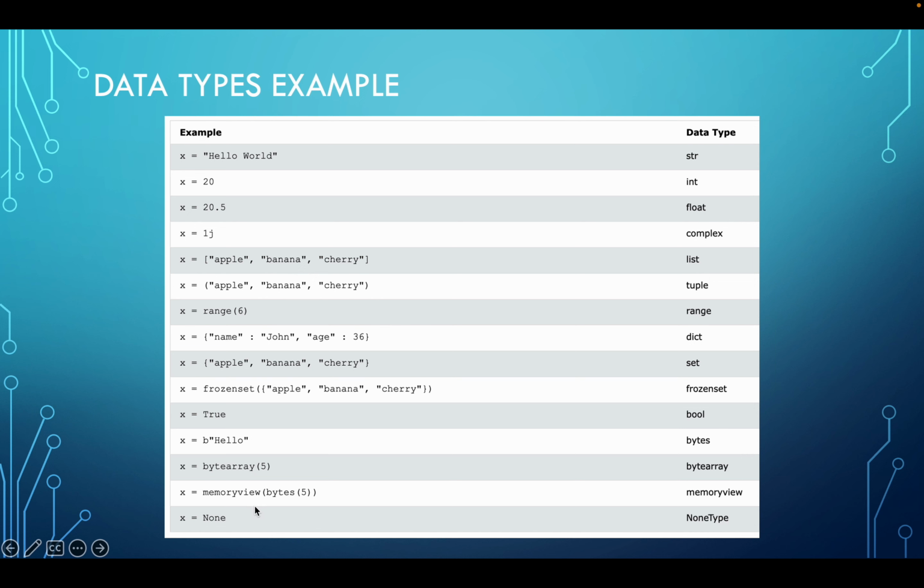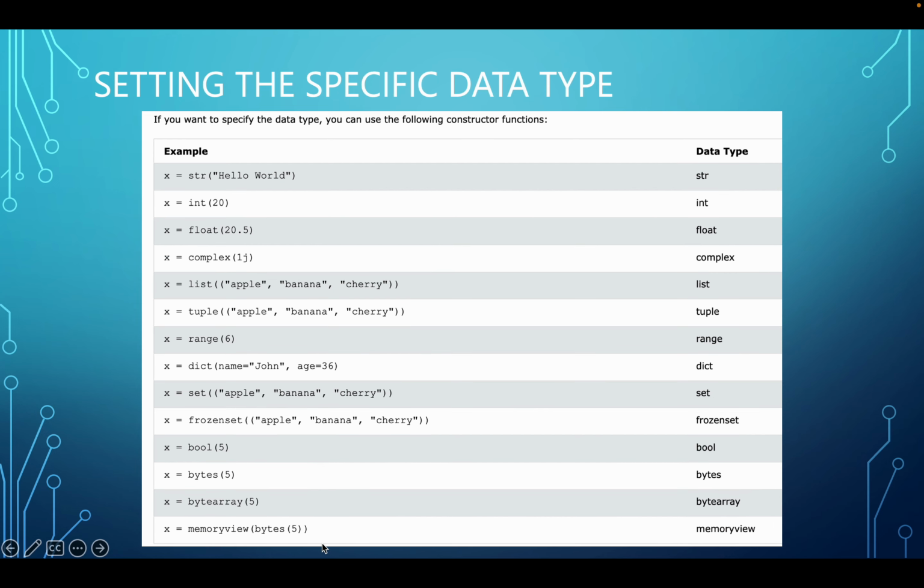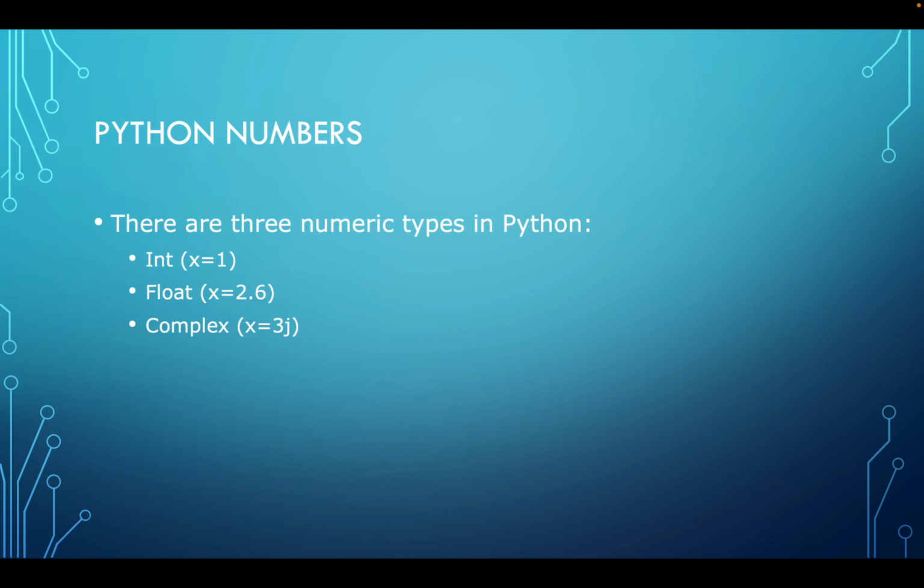Memory view also we are using as a command, then a parenthesis, then we are typing bytes, then again a parenthesis and 5, and the none type is x is equal to none. These are some examples. You can just take a screenshot and you can go through later on with these examples.